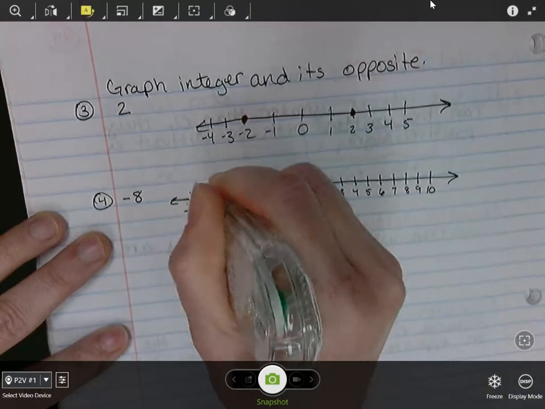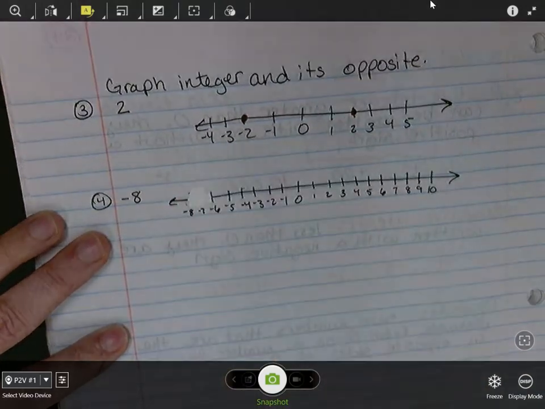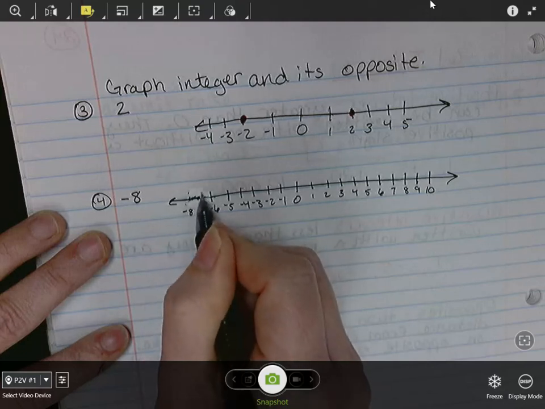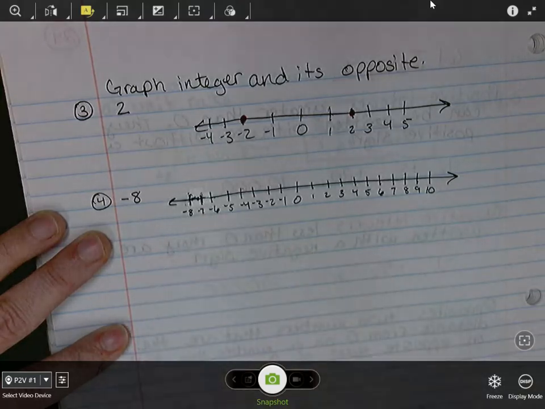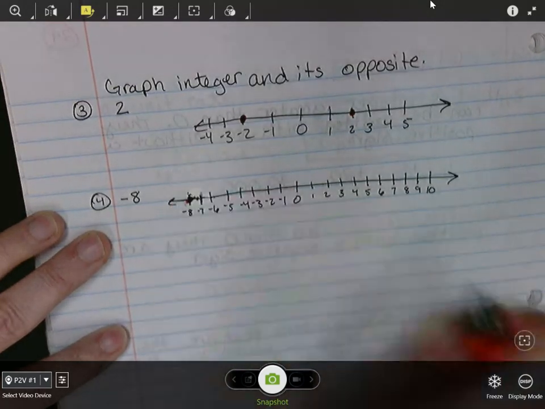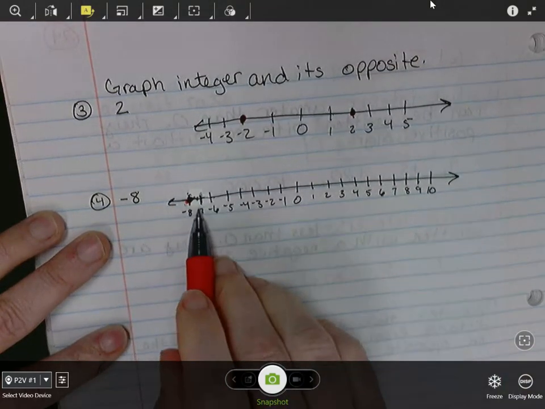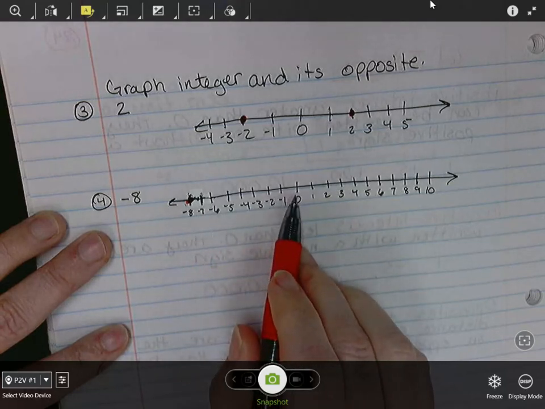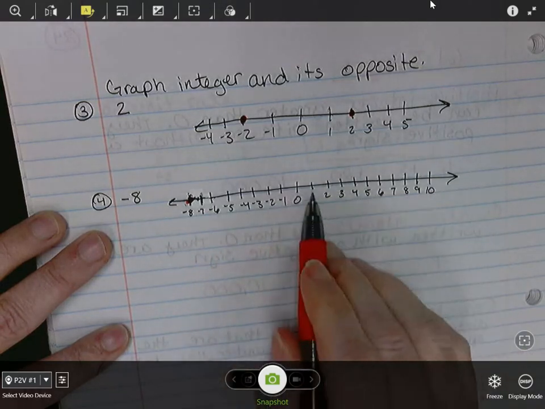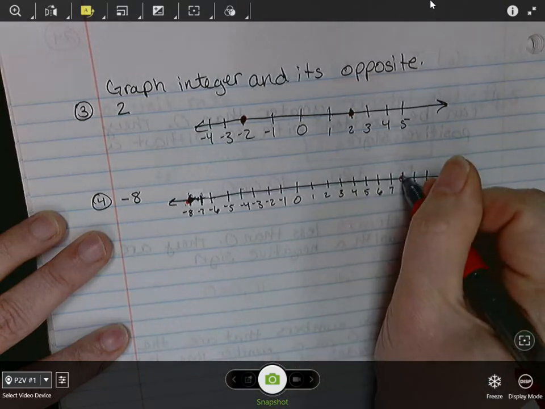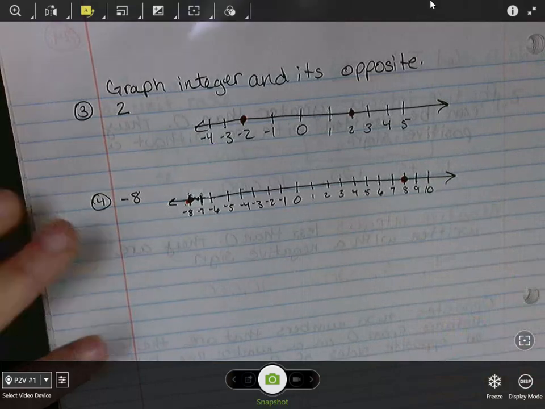So let me wipe that out so it doesn't confuse you. Okay. All right, so -8 is right here. So I'd put a dot on -8. And that's 1, 2, 3, 4, 5, 6, 7, 8 units away from 0. So let's count 8 units to the other side. 1, 2, 3, 4, 5, 6, 7, 8. So that would be -8 and +8.